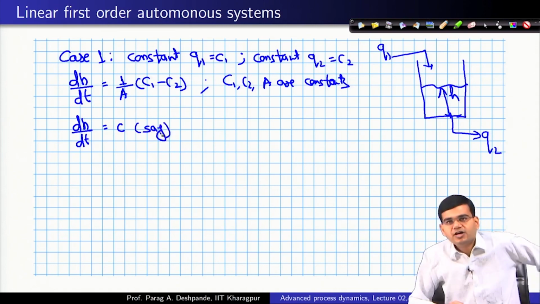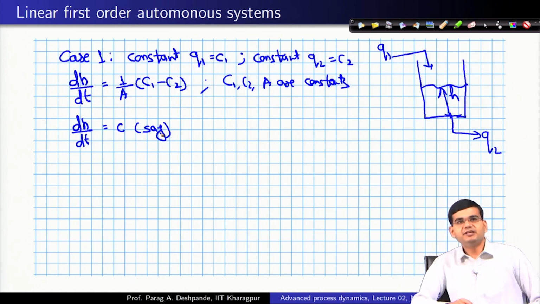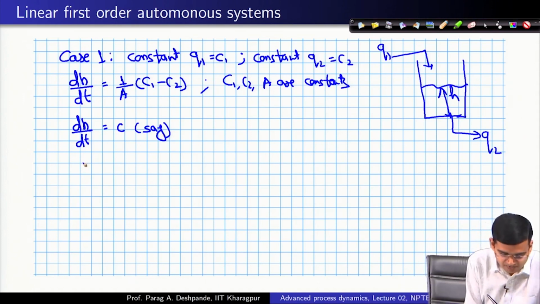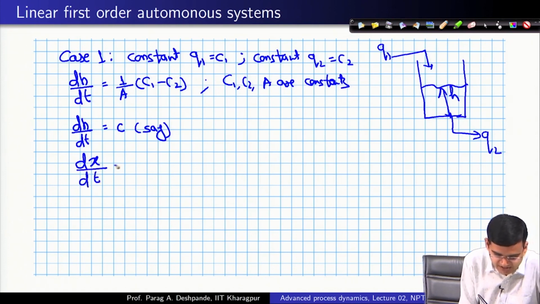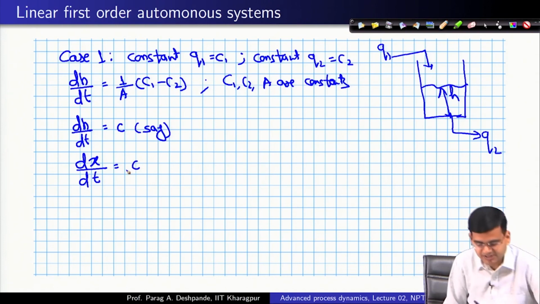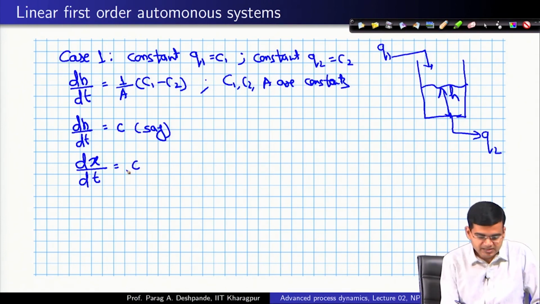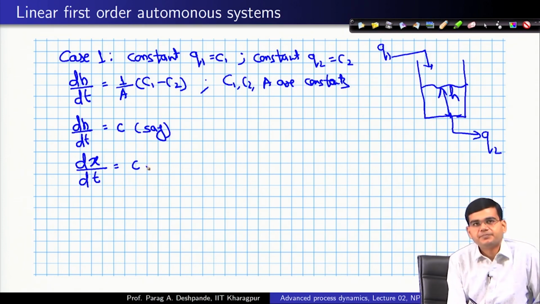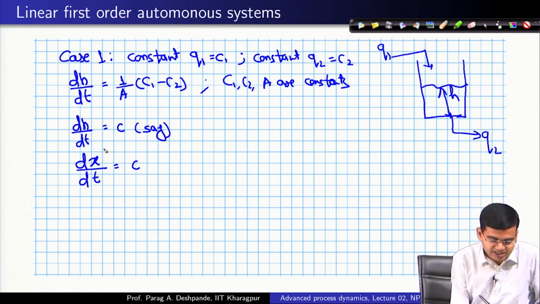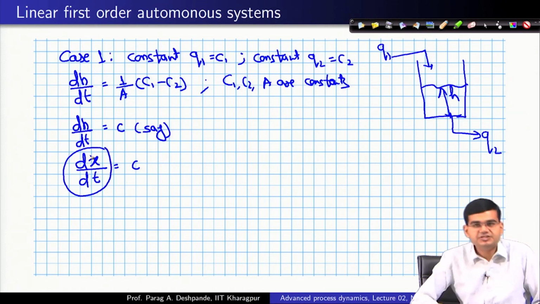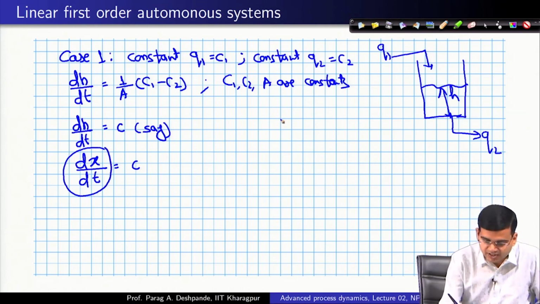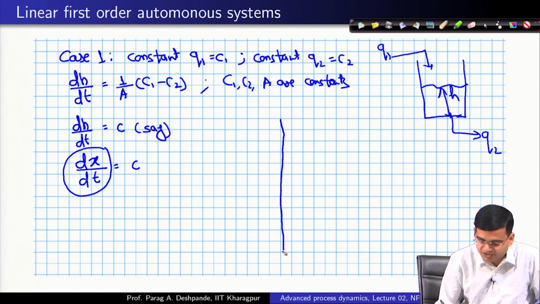Okay. So, now what does this tell me? This is an equation of the form d x by dt is constant C. Now, depending upon the value of C, the sign of dx by dt or the derivative will change. So, I can draw here the variation of h with time.